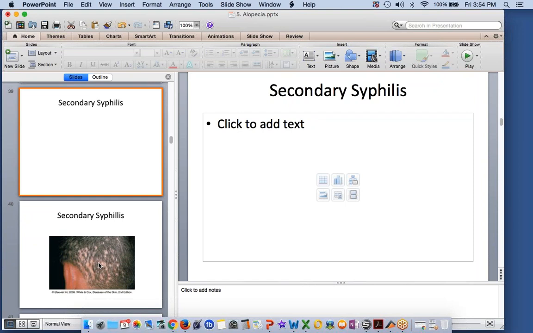So if a patient comes in with this type of hair loss, and on examination you notice, even if the patient doesn't, that he's missing areas of hair from the upper and lower extremities, you need to think about that.